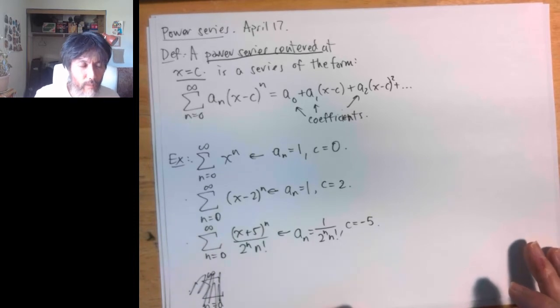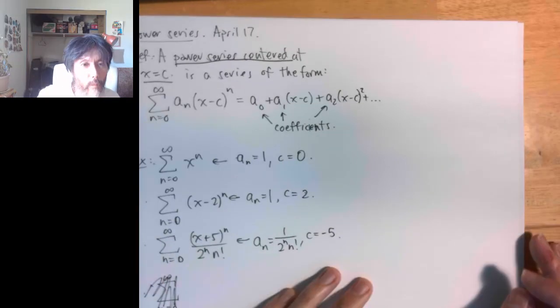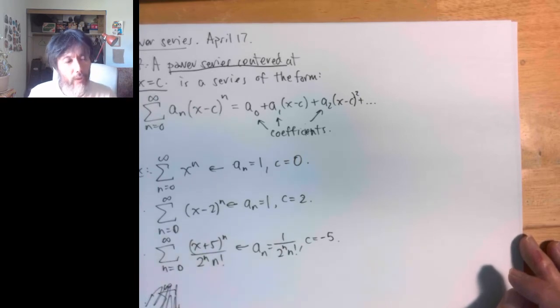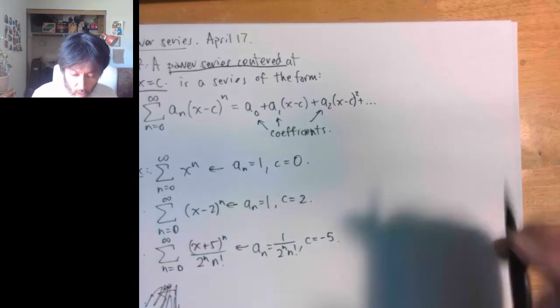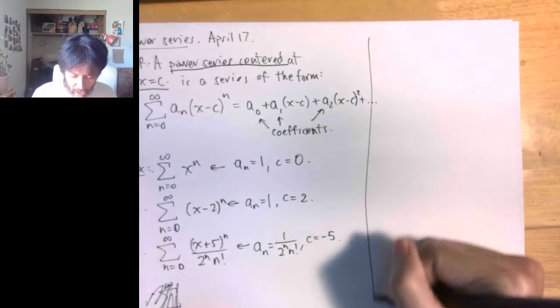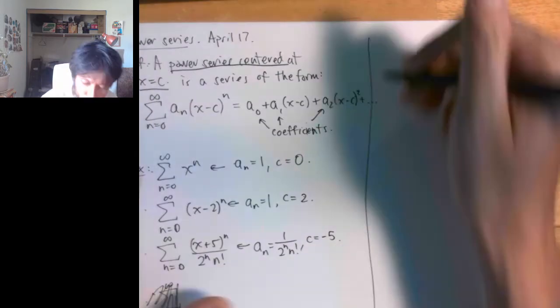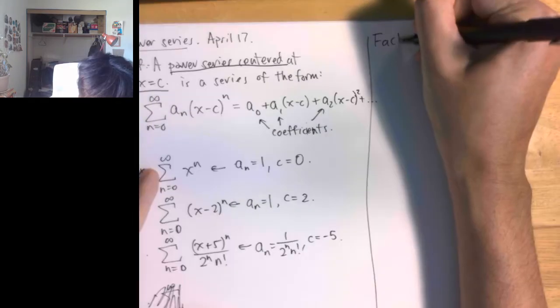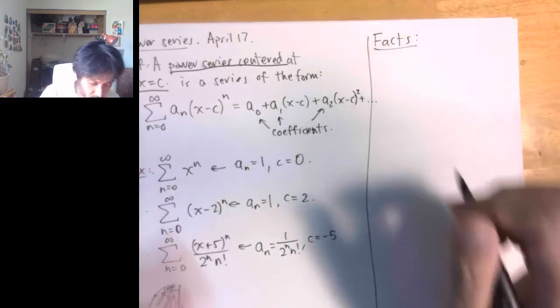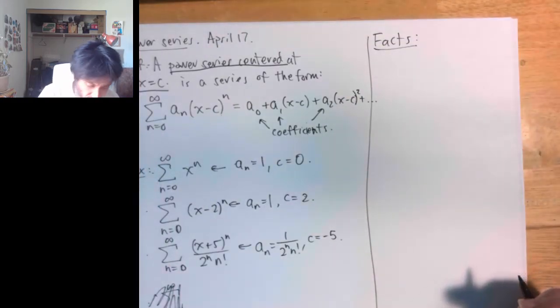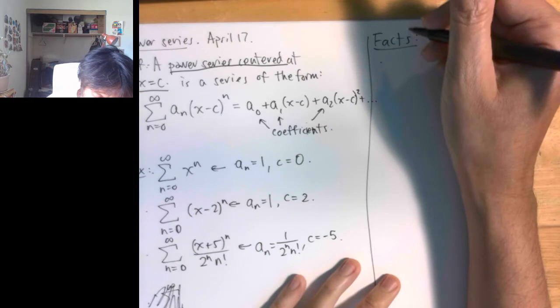All right. Now, what I want to do is shove down your throat some facts. These are really interesting facts, but I'm not going to justify them or prove them in any way. So some definitions first, maybe.